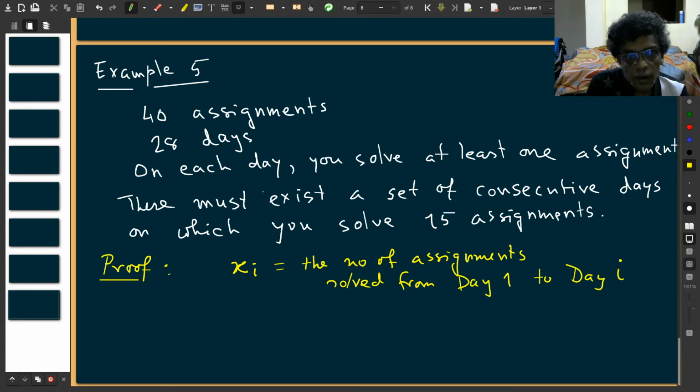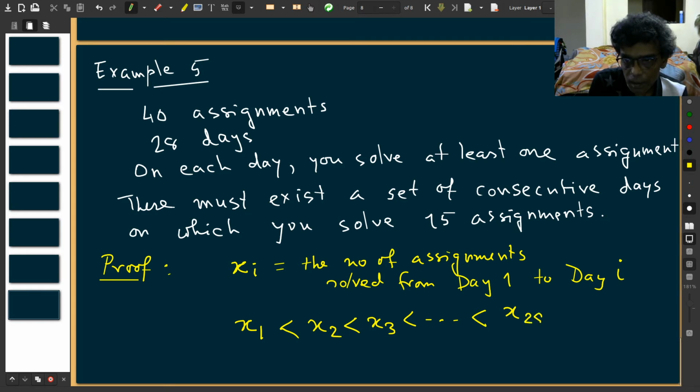Then by the given conditions, because you solve at least one assignment on each day, this sum increases: x1 less than x2 less than x3, and finally less than x28. Okay. Also, I define something, maybe start a new page.